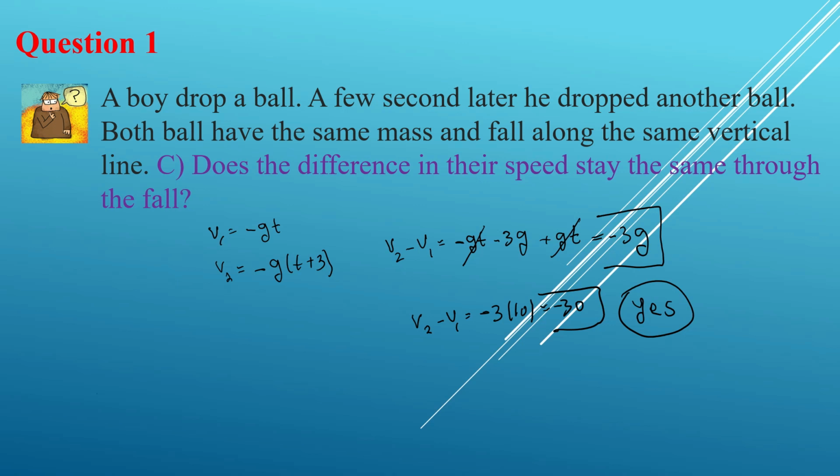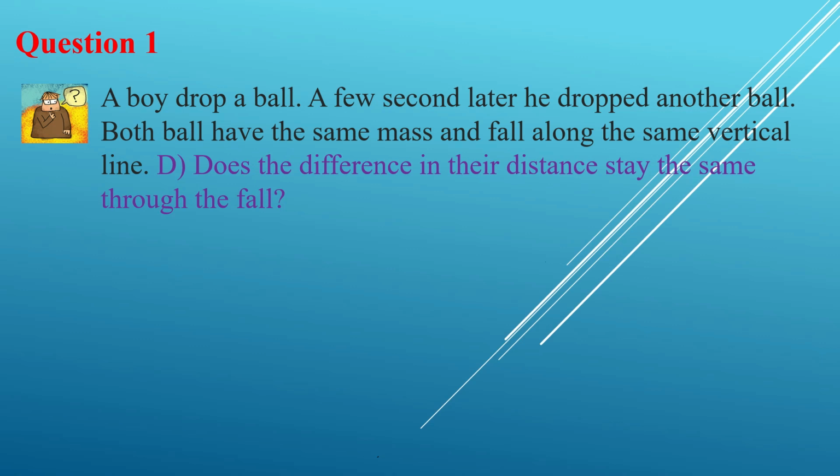Now let's look at the other part. This part wants me to see if the difference in their distance stays the same through the fall. So I think you already know the answer, but feel free to pause the video and solve the problem.